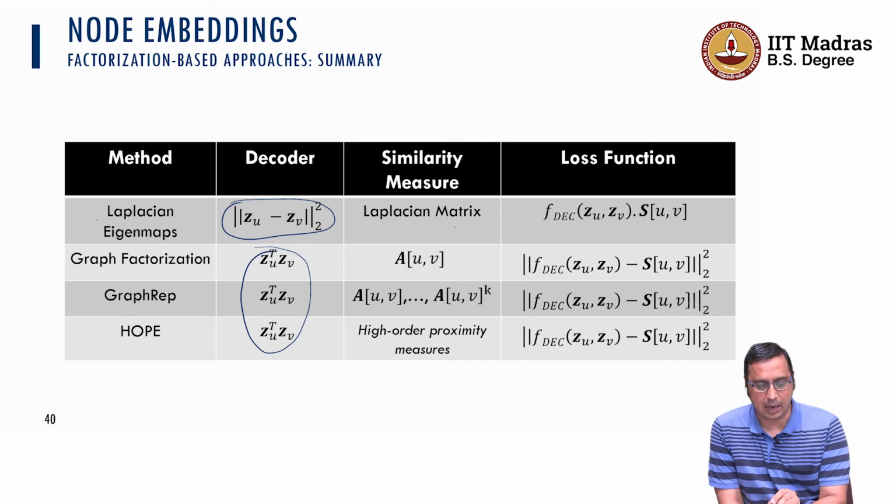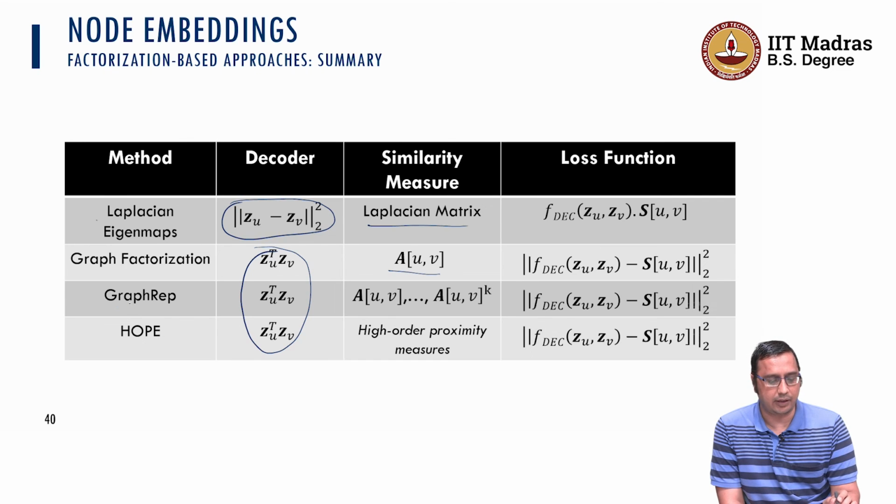The similarity measure in Laplacian Eigenmaps is obviously the Laplacian matrix. In case of Graph Factorization, it's the adjacency matrix. In GraRep, it is some scaled adjacency matrix, and in HOPE it is a higher order proximity measure.